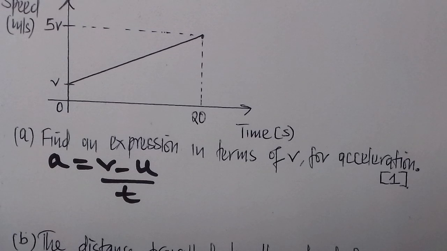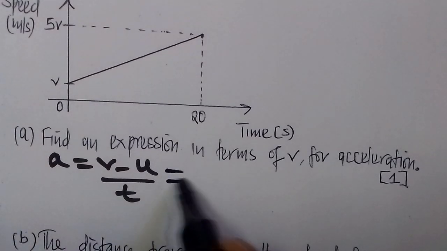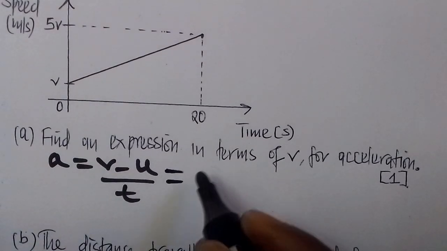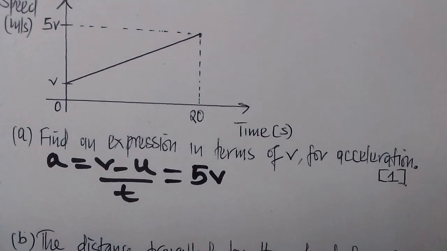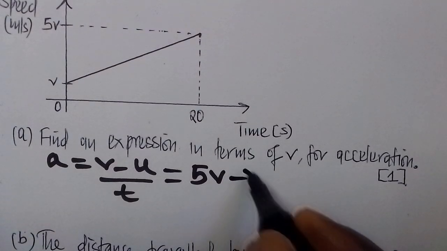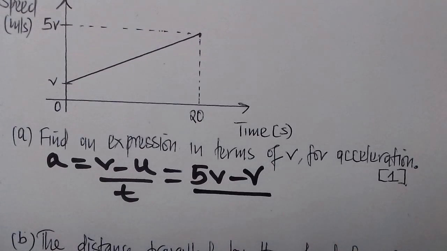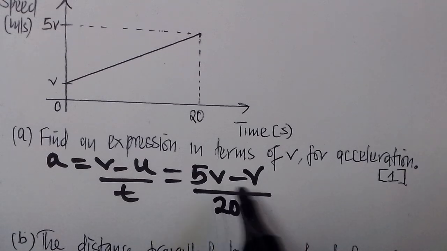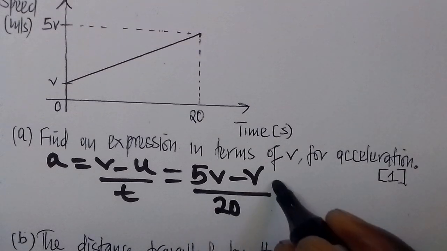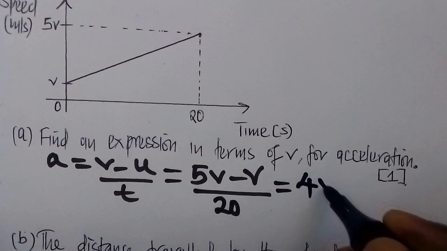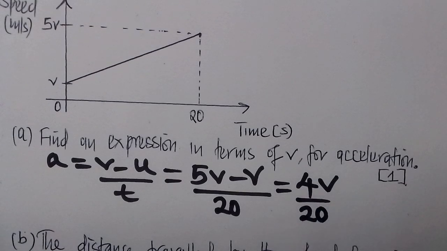So substituting what we have, we're going to have the following. On final speed, we are going to put 5v. Then minus on initial speed, we are going to put v. Then over time taken for all this is 20. So then we just simplify what we have on top there. 5v minus v gives 4v, then over 20.